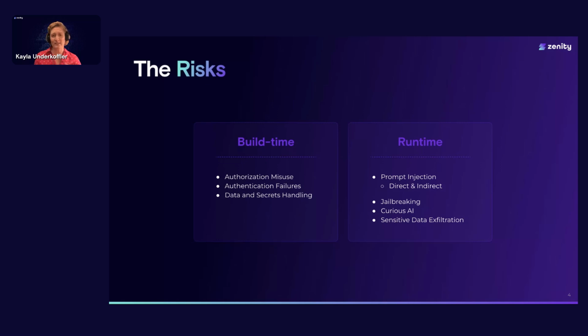Some of the top risks that we see introduced through build time choices are things like authorization misuse and data and secrets handling. And these risks, we will show some in depth, but the main thing I want us to take away from this is that the choices that you make in build time, who is building what, importantly though, how, will increase or decrease the attack surface in runtime.